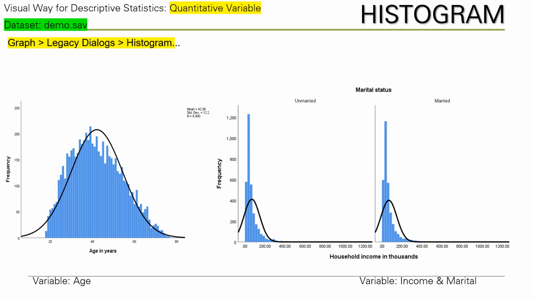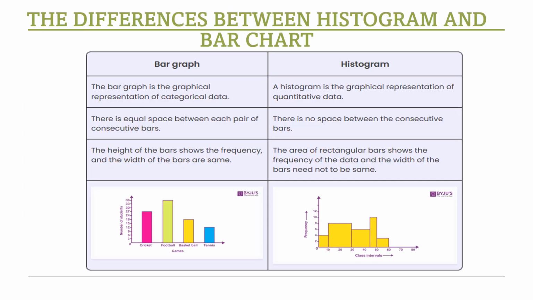Therefore, what are the differences between histogram and bar chart? Shown in this slide are the differences between histogram and the bar chart. The major difference is that the bars of the bar chart are not next to each other.